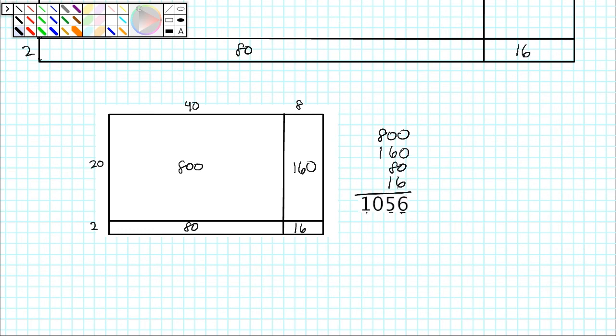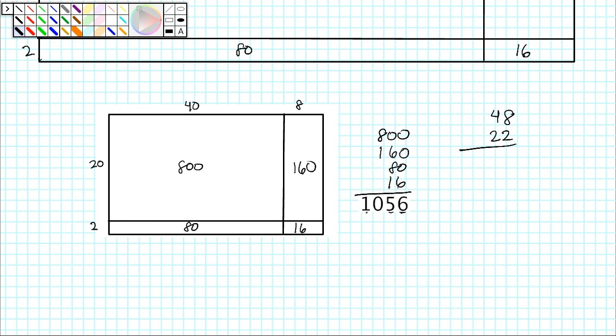Okay? And again, if I do the stacked method, when I do 48 times 22, if I write every single one of those 4 terms there, then it doesn't matter which order I do them in. A lot of the standard order is to start on the right of the bottom one and go from right to left on the top one, but it doesn't matter.